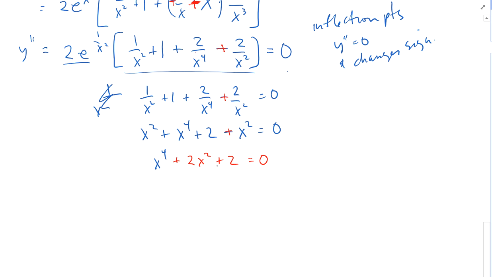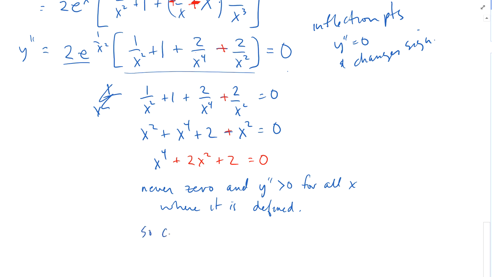So first of all, this is never 0, and y double prime is positive for all x where it is defined. Okay, does that make sense? So it's concave up everywhere.